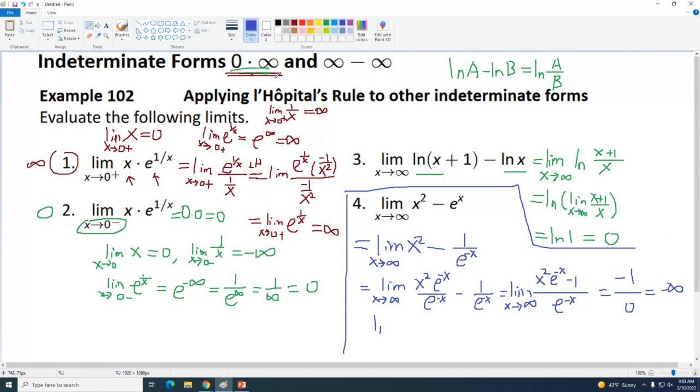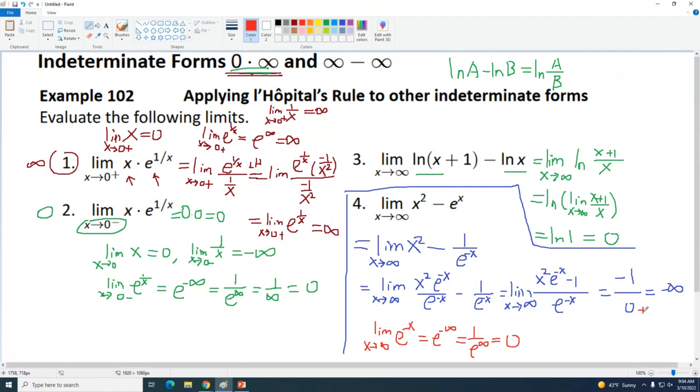So the foundation of all these calculations is based on two facts. Number one is that the limit of e to the negative x, as x goes to infinity, is e to the negative infinity, or 1 over e to the infinity, which is equal to 0. So the denominator approaches 0, actually a positive 0, because the exponential function e to a number will never be negative.